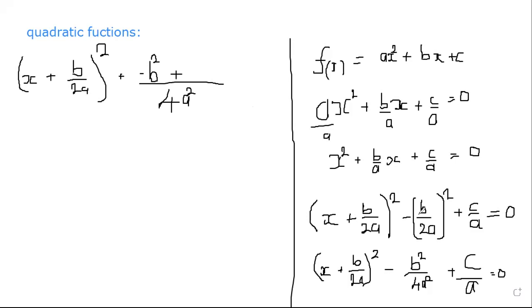Oh no, oh yes, minus b squared over 4a, c is equal to 0.